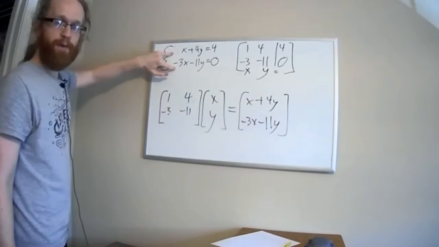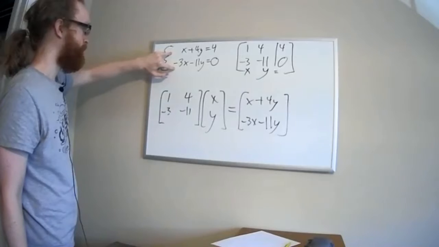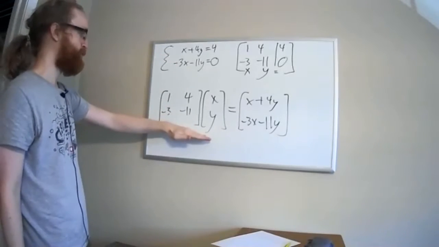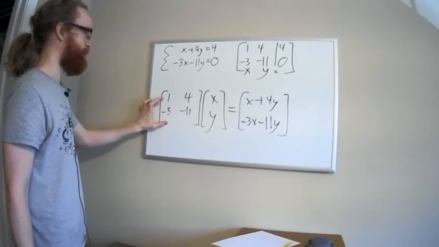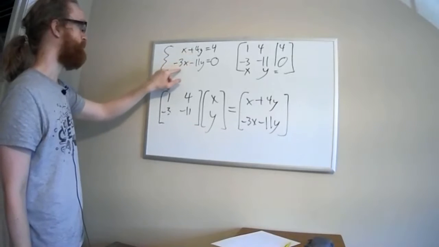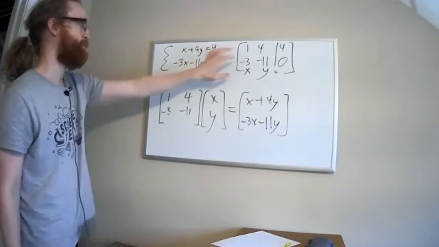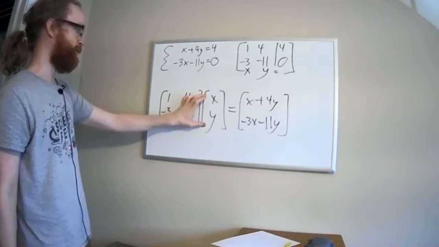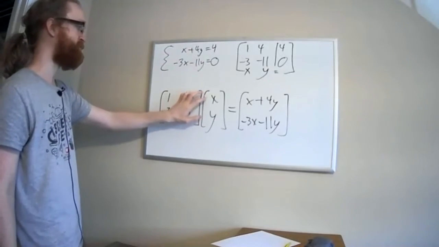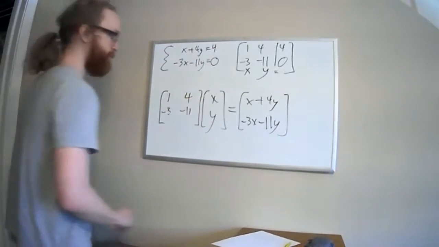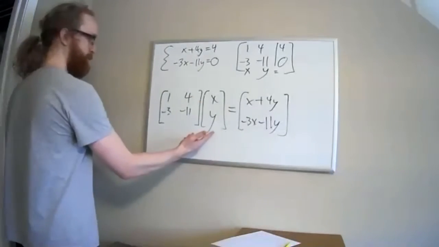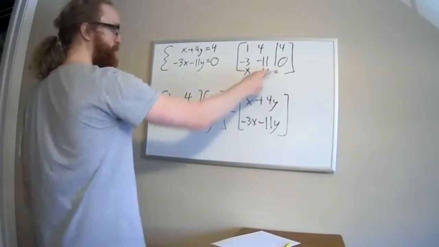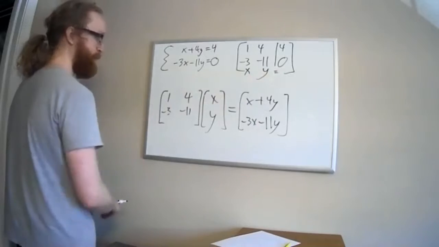Oh, so maybe I can represent these equations by a matrix multiplication where I take the coefficient matrix. I just take the coefficients from these variables and put them in the matrix, which is what we did up here. And then I have this other column vector matrix whose entries are my variables. And if I multiply those together, I get my equations back. I'm missing the equals, but I have the left-hand sides back.